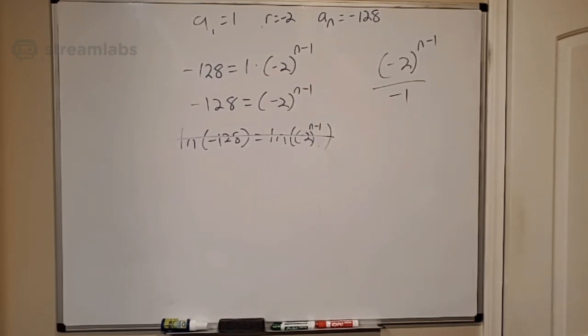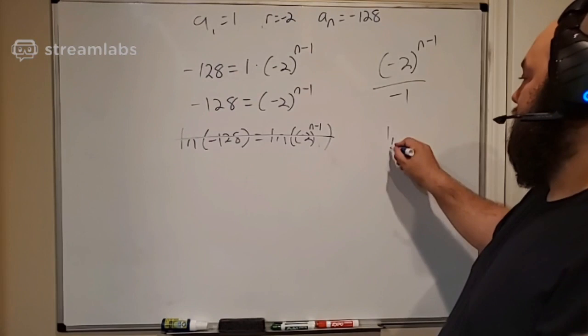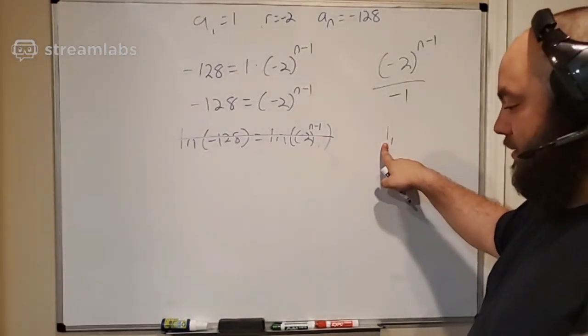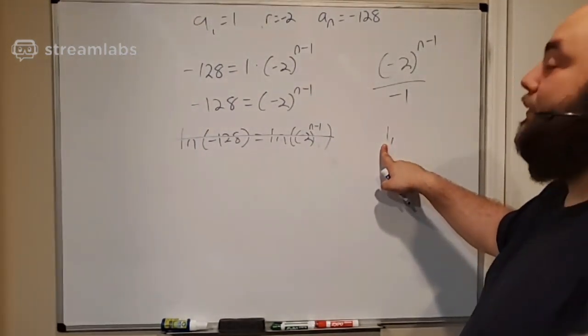An odd number. So careful. What would the first term be? Obviously 1. So the first term is positive 1. Second term, because you can write out a couple of them, would be negative.